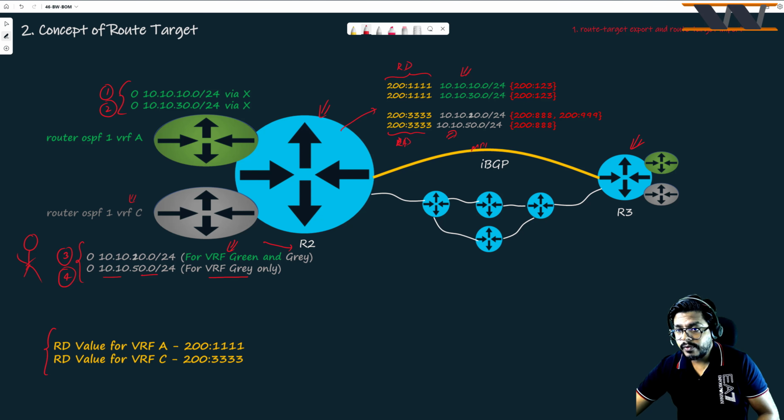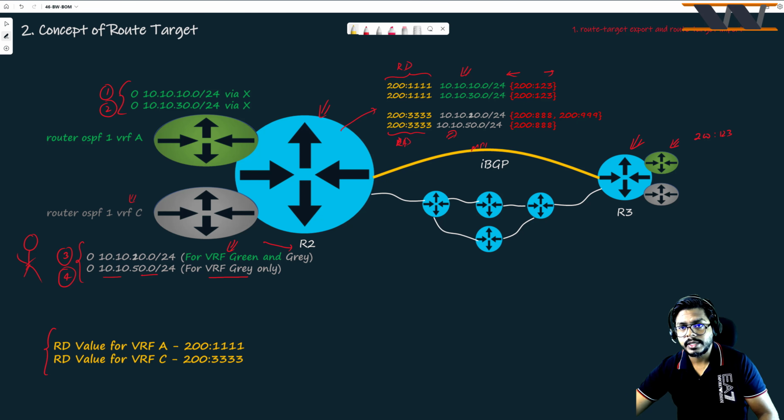So I will inform this R3 to import in this green VRF. Import means get all the routes, right, which are having 200:123. Now I am assigning a number here.